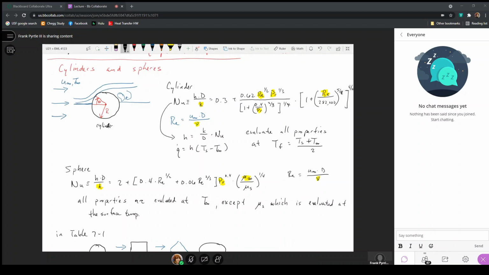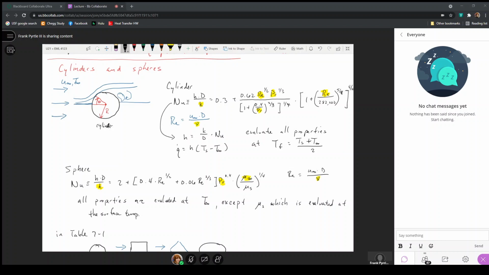So when using this expression to calculate heat transfer to or from a sphere, where there's a fluid flowing over it, whether it be water, oil, glycerin, air, helium, whatever fluid is flowing over it, that fluid's properties are captured in the Reynolds number and the Prandtl number, along with these dynamic viscosities. But the properties are all going to be evaluated at the free stream temperature and the surface temperature for this particular correlation.